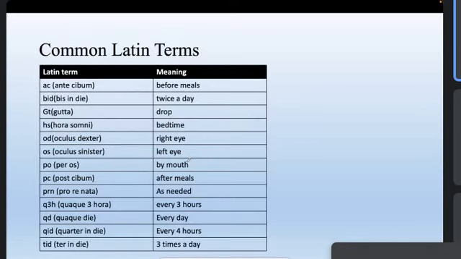Okay. So these are the common Latin terms. This I will provide to you. So ante cibum is before meals. BID is twice a day. GT is drop. HS is hora somni.